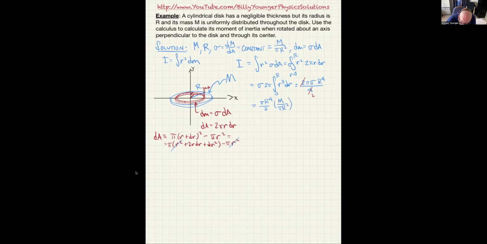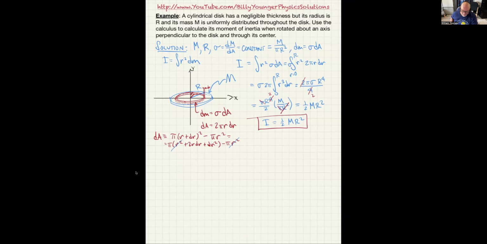So you can see automatically that this r to the fourth cancels out this r squared, leaving just an r squared up top. And we can also see that this pi cancels out with that pi, and all we're left with is the right answer, which is 1/2 m r squared. So the moment of inertia of this is 1/2 m r squared, which matches exactly what the table in our textbook has. And hopefully that was pretty straightforward and helpful.